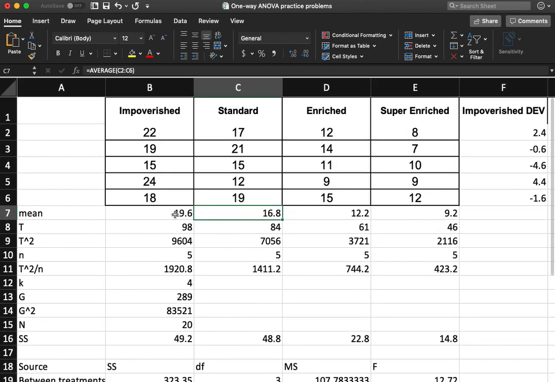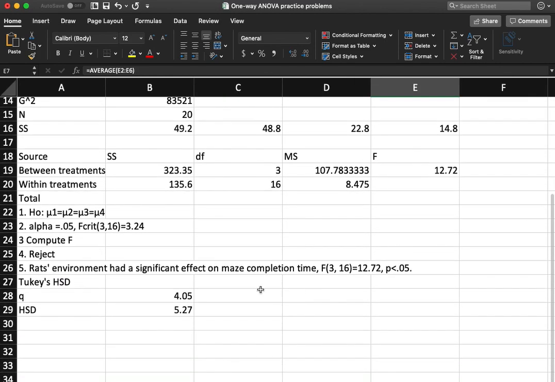And we've got a lot of differences to compare. Impoverished versus standard, impoverished versus enriched, impoverished versus super enriched, standard versus enriched, standard versus super, and enriched versus super. Let's write all those down.